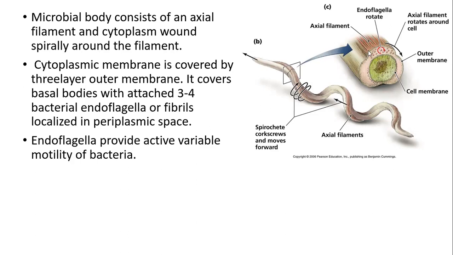And these flagella are known as the axial filament, and it is composed of the protein flagellin, and it can move. So the high motility of spirochetes is because of this specific filament.